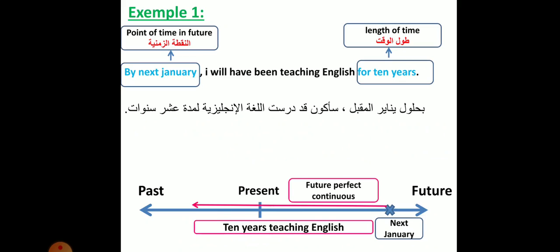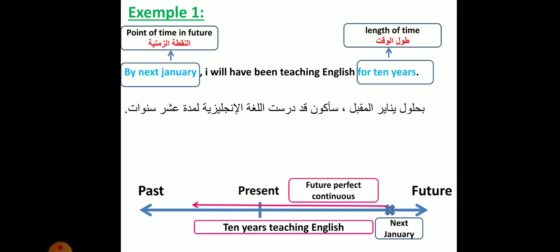Here we have the first example. By next January, I will have been teaching English for 10 years. By next January is a point of time in the future, and for 10 years is the length of the time.